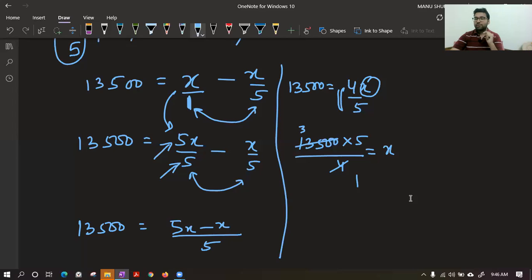Sir, how did 4x come? Okay, beta Lavya, 5x minus x, they are like terms. They can be solved. So 5x minus x will give you 4x. That's it. Lavya, is it clear now?